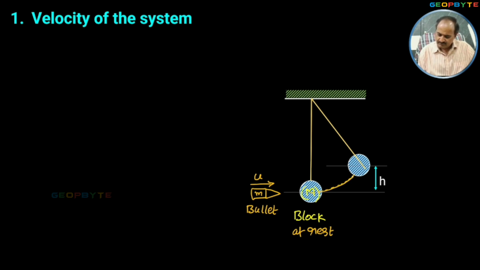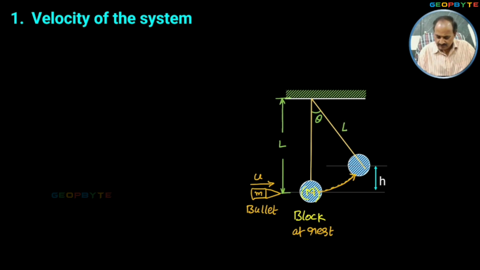Before going to take that combined system, let us consider L to be the length of the thread or length of the string. This whole system is making an angle theta with respect to vertical, and the combined system of block and bullet both are moving to a height h.